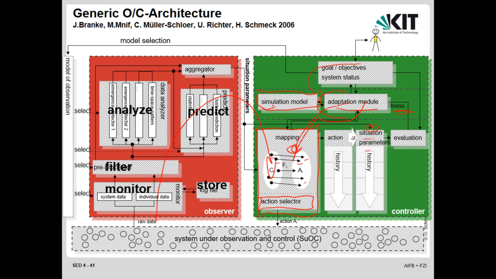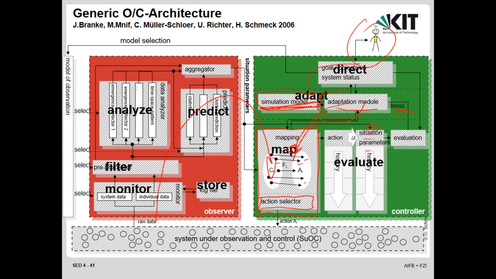And for that, we need an adequate simulation model. You could immediately say, how do we know that the simulation model is adequate? This is an assumption that we just make. If necessary, this would have to be changed. Okay, and then we have the user who's providing objectives and who would like to also look at this current situation or this current status in that system.